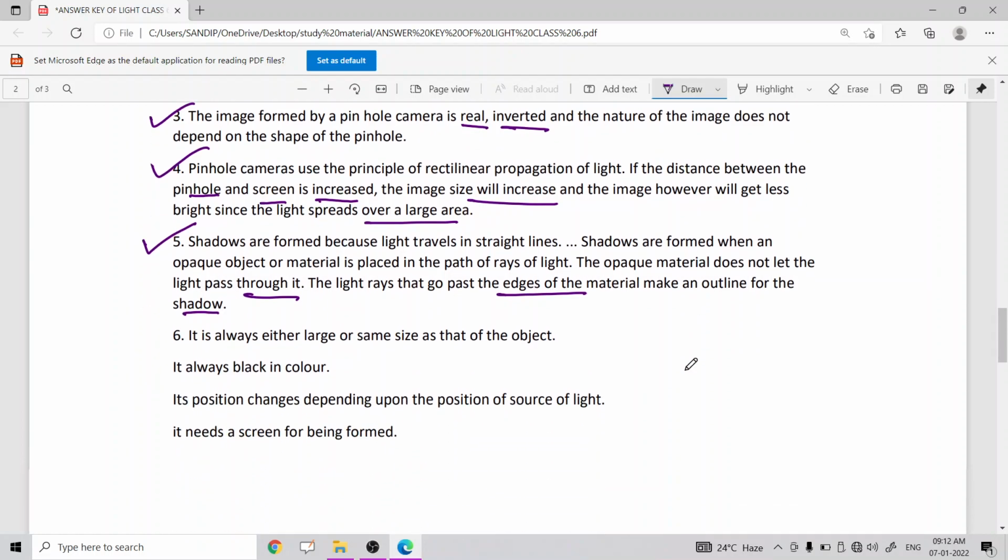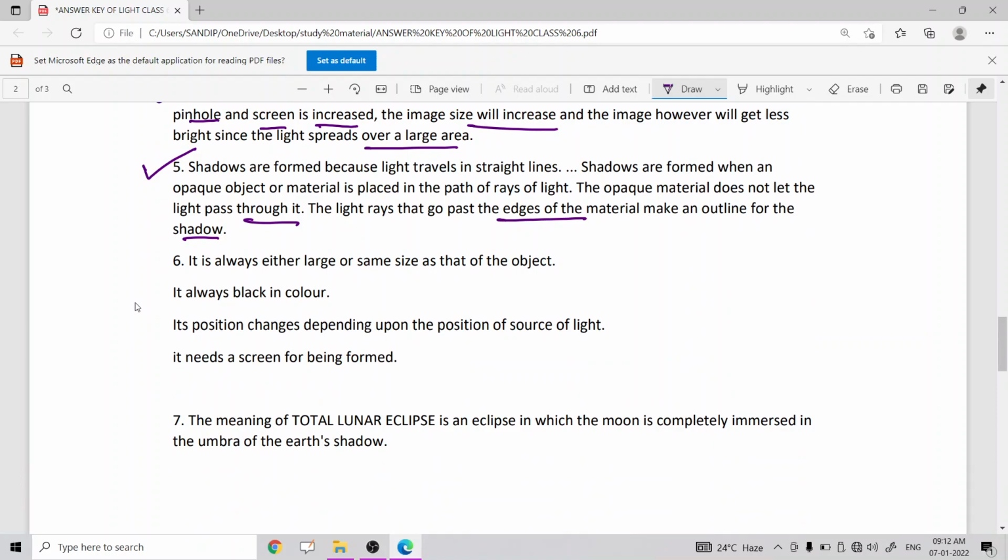Now we move to our next one, question number 6: list any two characteristics of a shadow. Here in this case I take 4. You only write down two if this question comes in your exam.